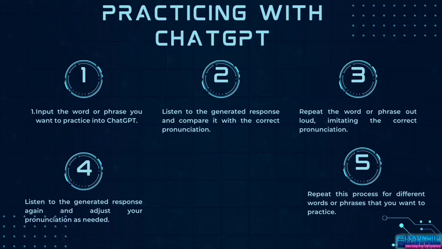So, an example prompt would be: guess the word. Clue: it's a yellow fruit, often used in desserts and smoothies. Starts with the letter B. Okay, so you can play a word guessing game with it.